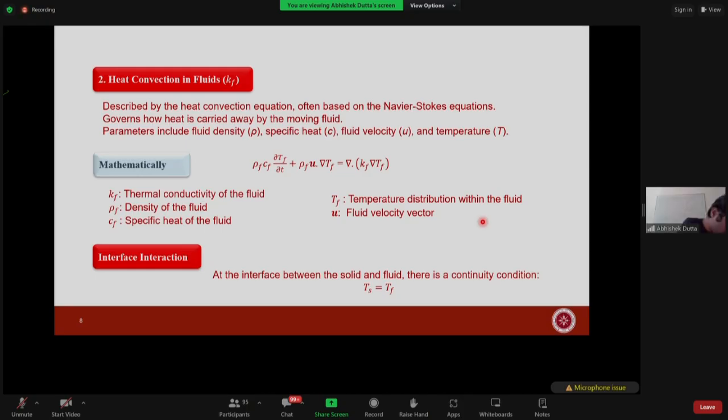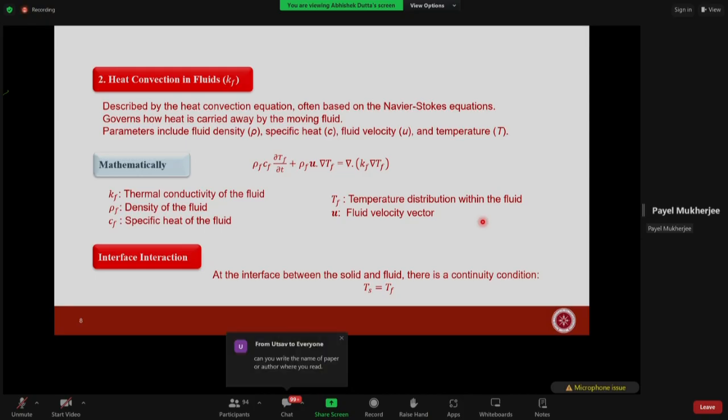Generally they do this when you have an interface, a solid substrate over which you have a thin film heater, and then you have water above. The heat generated within the heater will go to both the substrate and the water. That is a practical example. That bifurcation depends upon the property of the solid material and the property of water.